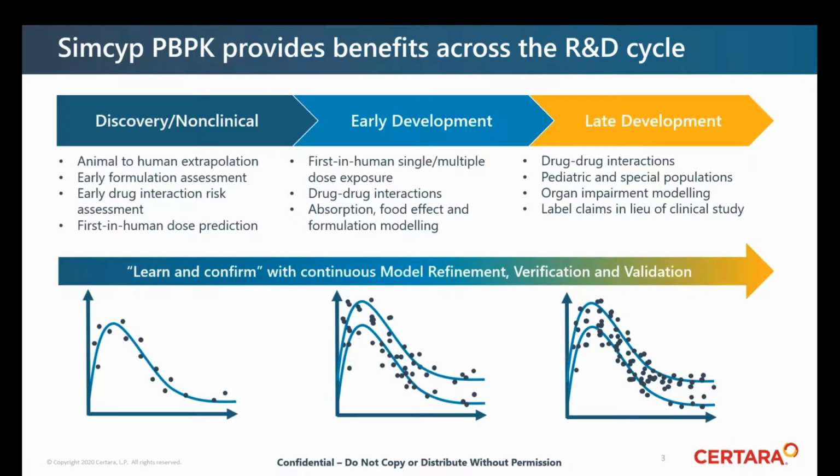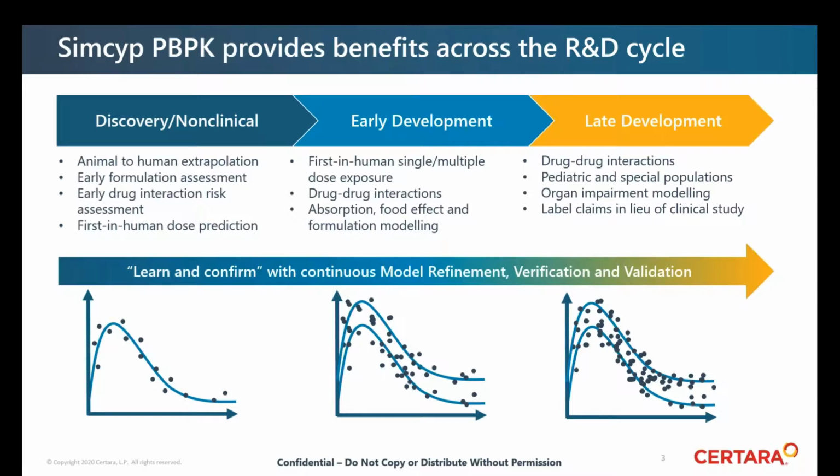So the PBPK approach may have benefits throughout the drug research and development cycle, starting very early on and moving on into later development. What changes over time are the nature of the questions of interest and also the data you have available.